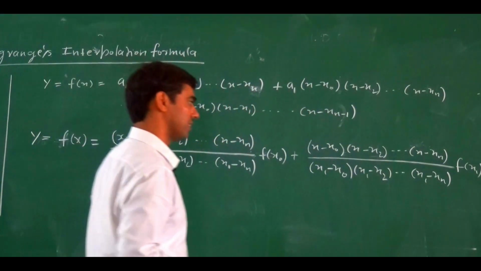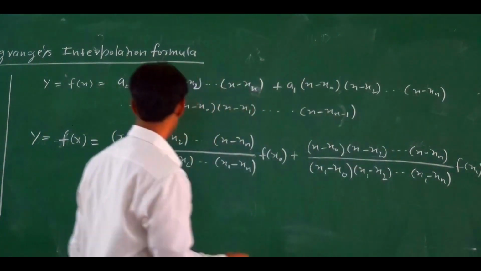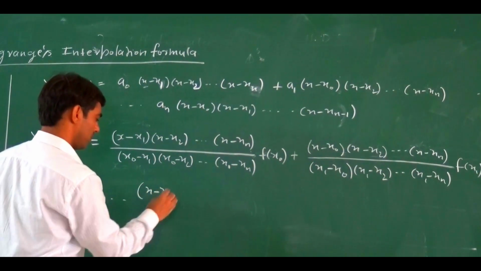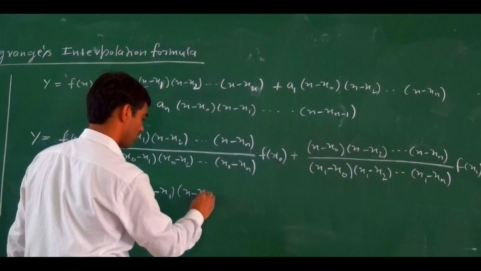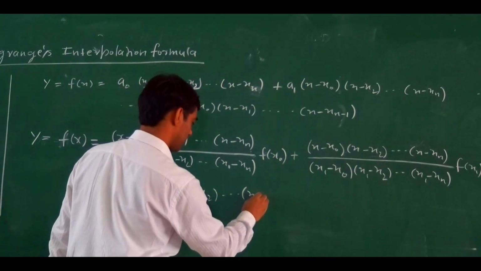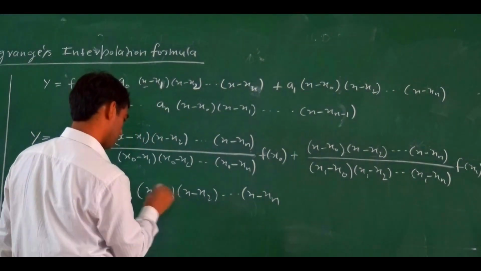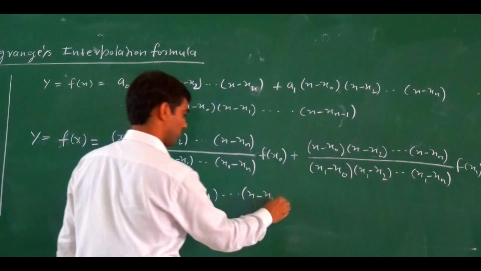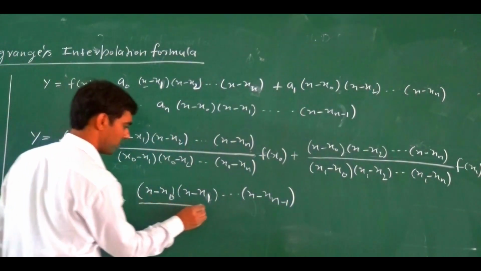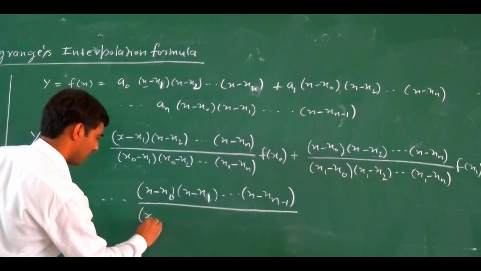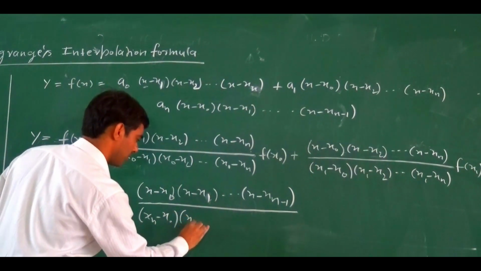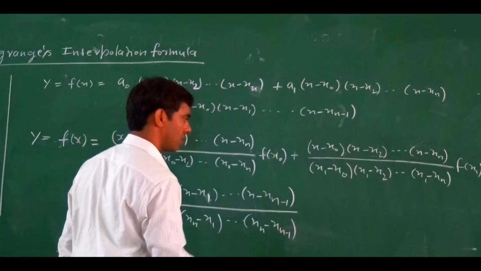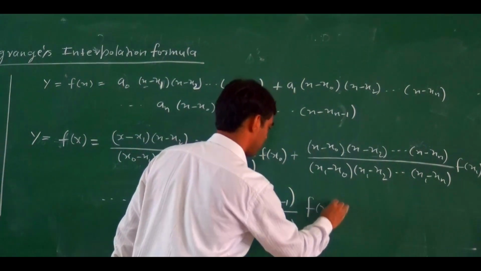So similarly, what is the nth term? The nth term becomes x minus x0, x minus x1, up to x minus xn minus 1, started from 0, 1 up to n minus 1, in the numerator. In the denominator this becomes xn minus x0, xn minus x1 up to xn minus xn minus 1, times f of xn.